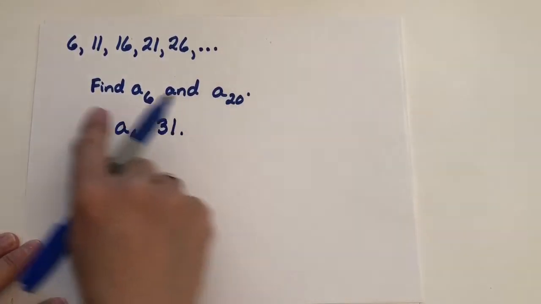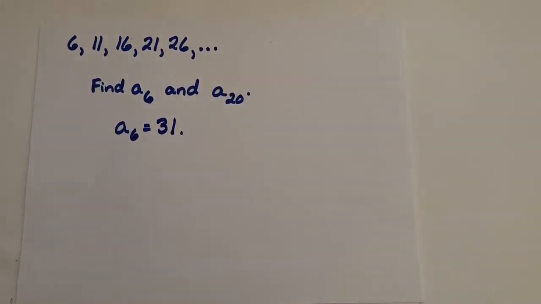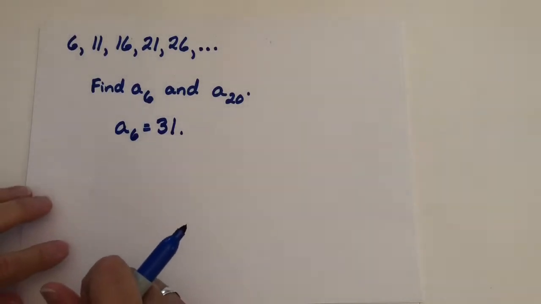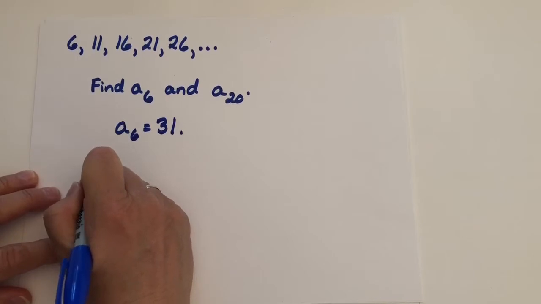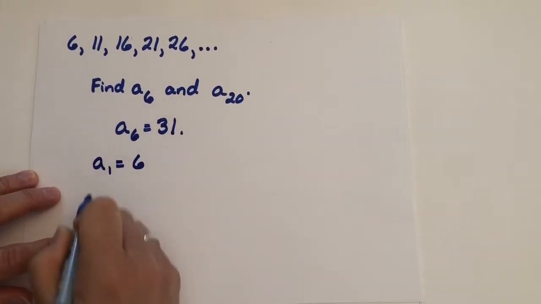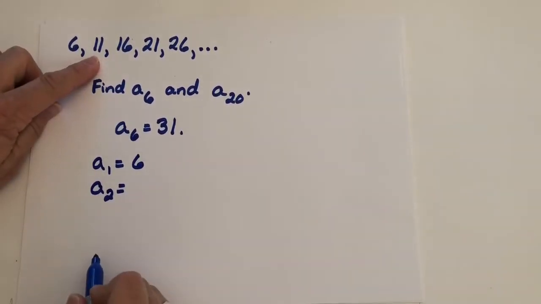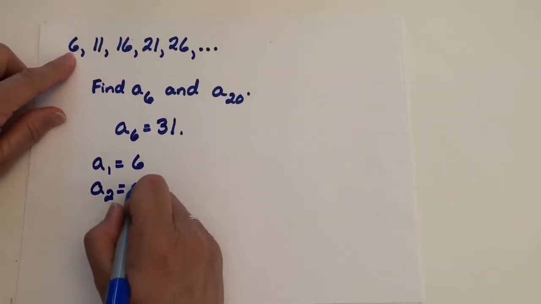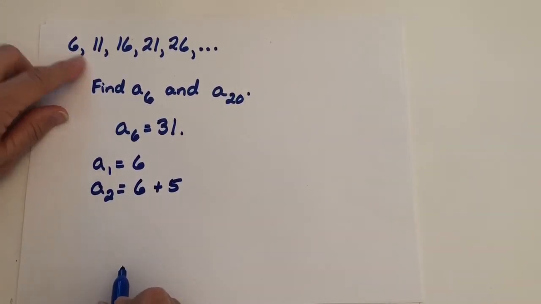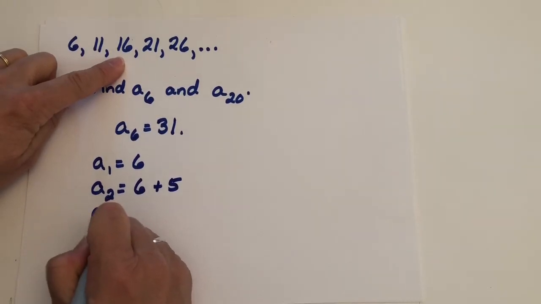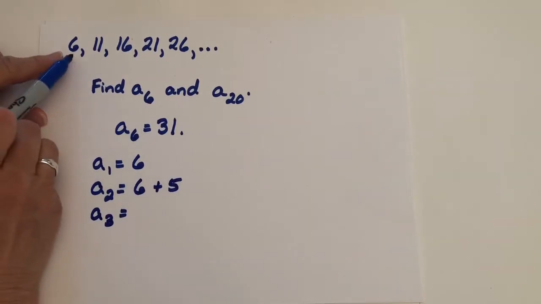I want to come back and look at how the terms are related. Notice this first term is 6. And the second term, right here, we can obtain by starting with 6 and adding 5. Let's get to the third term. The third term you can obtain by starting back at 6 and adding 5, right?